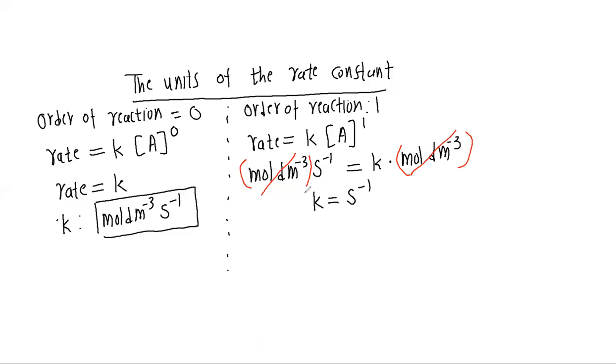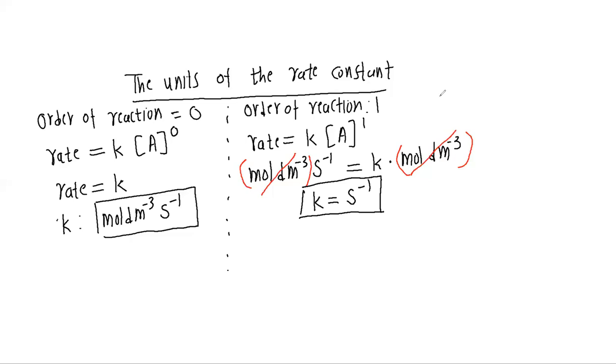Straightforward. Hope this is clear. Okay. It is so simple. If the order of reaction is 1, the units of K, that is the rate constant, will be just seconds raised to minus 1, or 1 upon seconds, or 1 upon time.